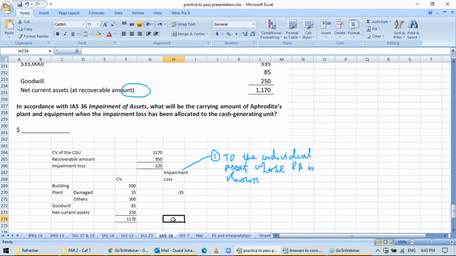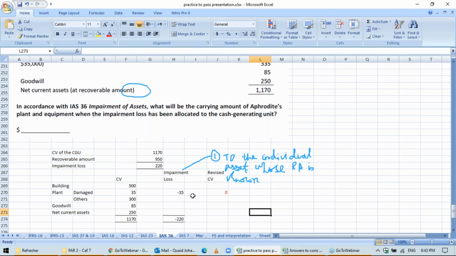Now the total amount I have to deduct is 220,000 from here, right? And then I will get a revised carrying value after impairment. So this asset is gone. It is now 0. The revised carrying value is 0.